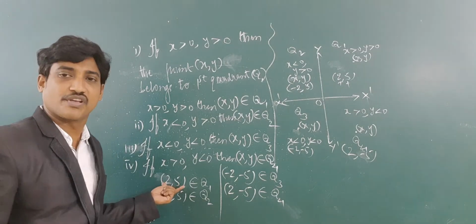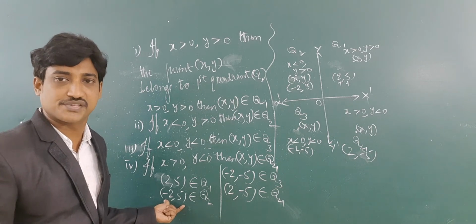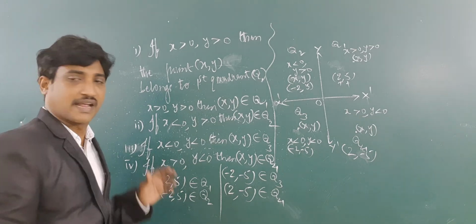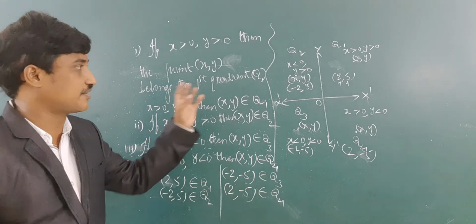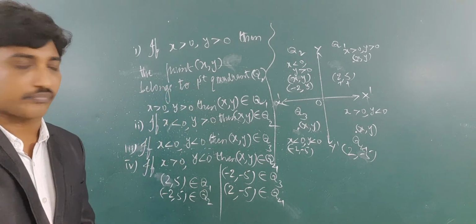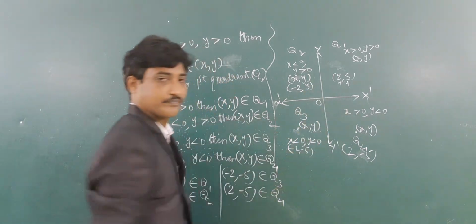By observing the signs of the coordinates of given points, we can know which quadrant the point lies in. Are there any common points to these quadrants?